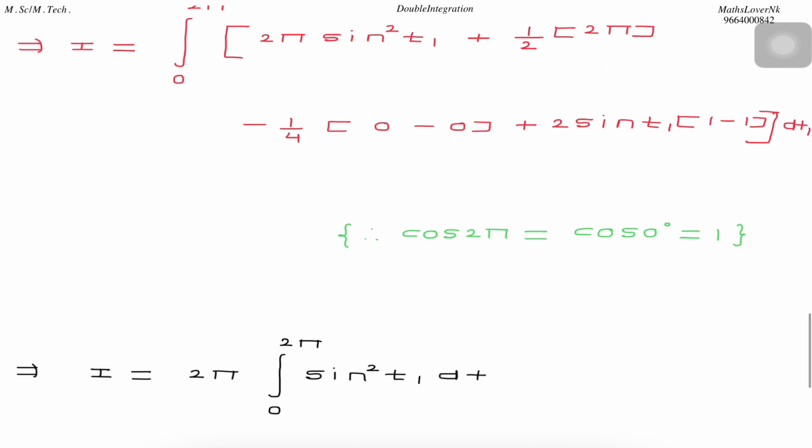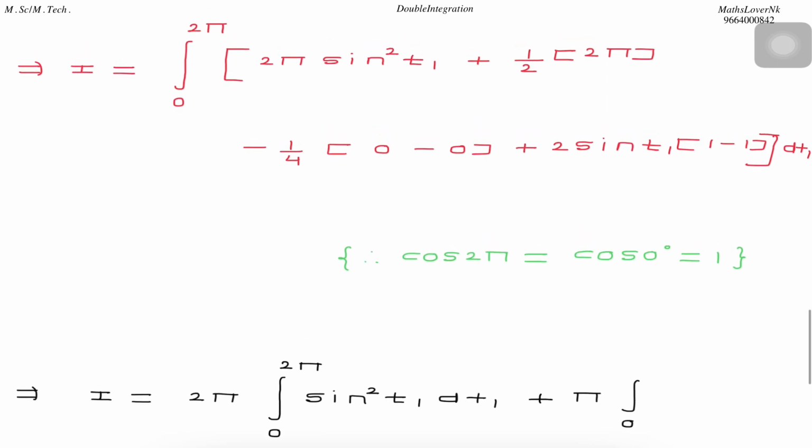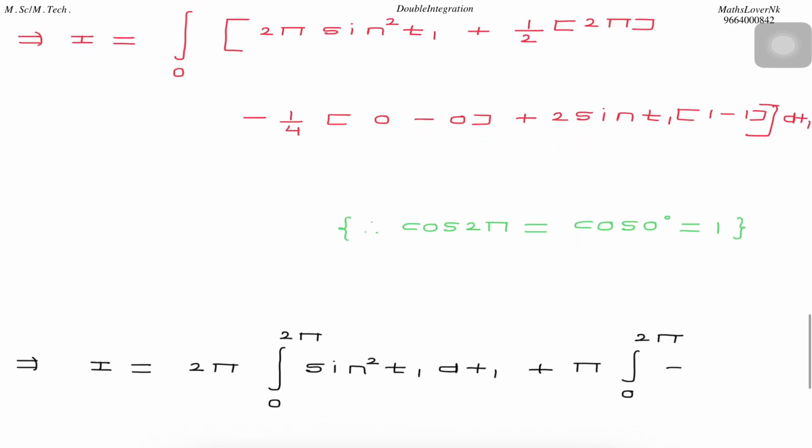The integration of pi, so 2 cancels out, pi as it is, 0 to 2 pi dt1.